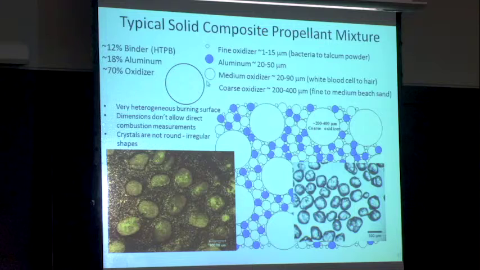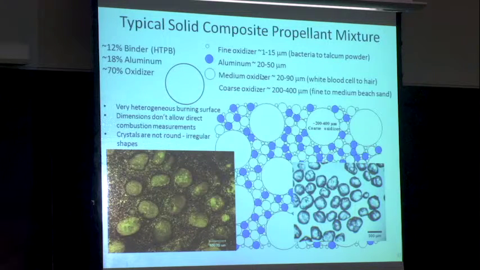If you look at the size distribution, in terms of the oxidizer, it's divided into three size distributions. What's referred to as a coarse oxidizer size, which may range anywhere from about 200 to 400 micron. Medium oxidizer range about 20 to 30 or 90 micron. And the fine oxidizer region from about 1 to 15 micron. Note that the aluminum size sort of fits in between the fine and the medium.